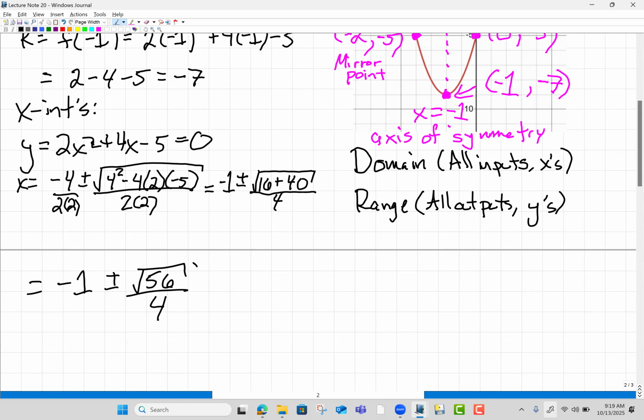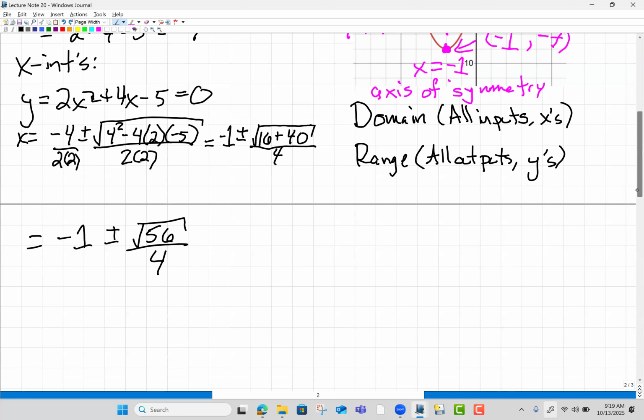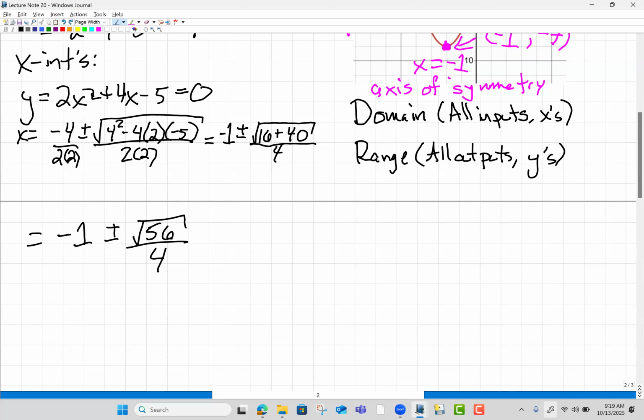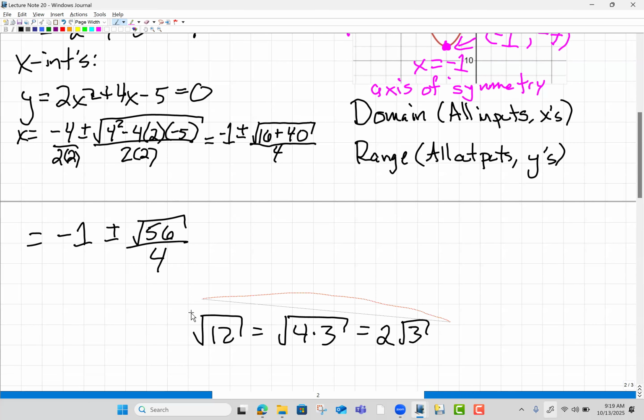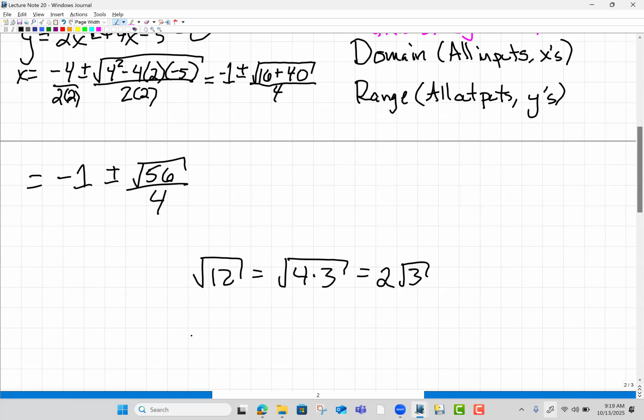Now, this is a number. We might be able to simplify it, but I don't think so. The way we try to simplify these is we look, since this is a square root, we need a perfect square in there. Like if I had 12, the 12 has a 4 in it, right? And the square root of 4 is 2, but the 3 gets left behind. But I don't know if we have that with the 56. So let's see what we got.